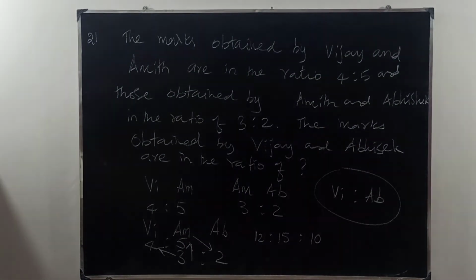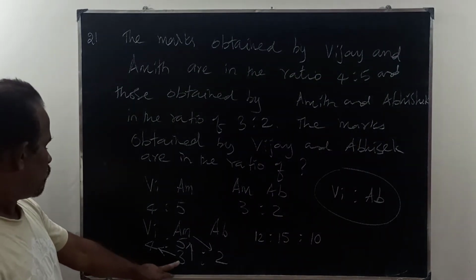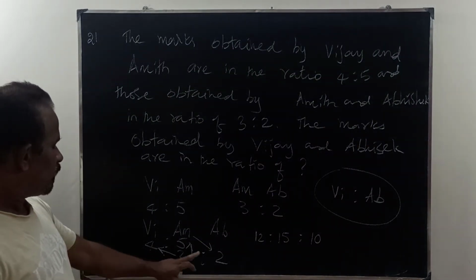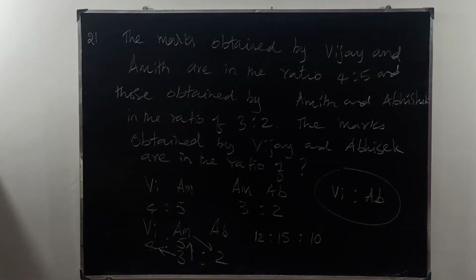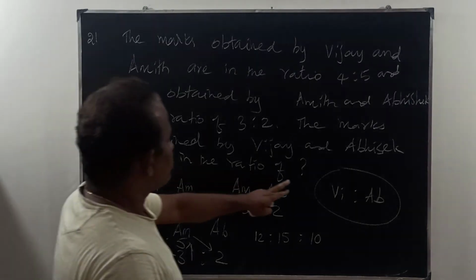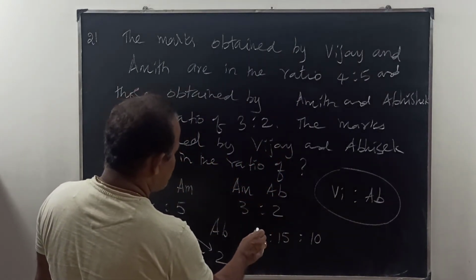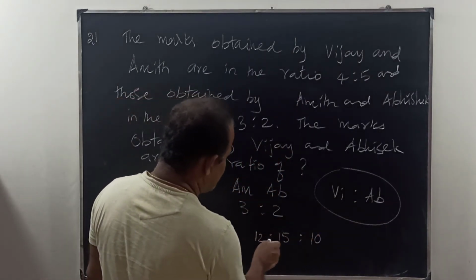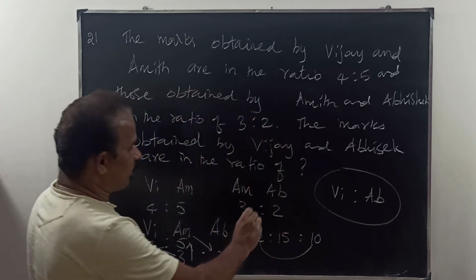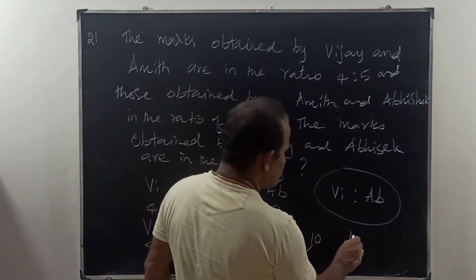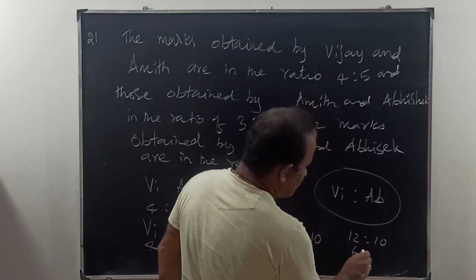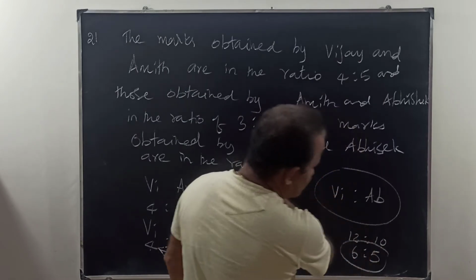Therefore 12, 15, 10. Now this is Vijay, this is Amit, this is Abhishek. Vijay and Abhishek ratio is 12 is to 10. This is nothing but 6:5. The answer is 6:5.